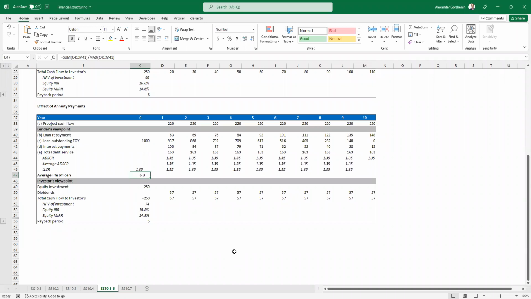This is also known as a sculptured repayment schedule, and I should say that it's really often and heavily used in practice. So probably the sculptured repayment is a more common approach for projects because it allows more flexibility and of course to squeeze more money, both for lenders and for investors, from the project.